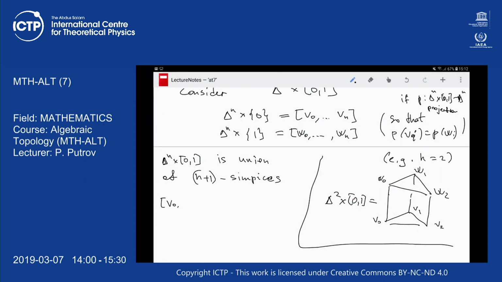We start with V0, go till Vi, but then we continue with Wi, and then we end with Wn. And they have non-intersecting interiors.